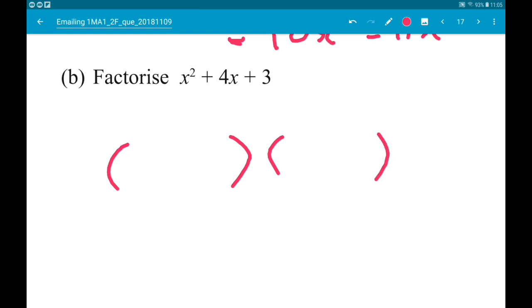Each one has an x in them. Now the two numbers multiply together to give us 3 and add together to give us 4. So it's going to be x add 1 times x add 3.